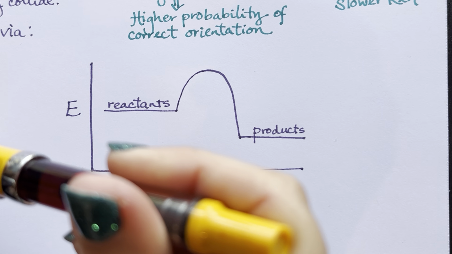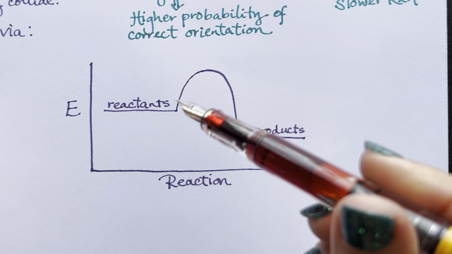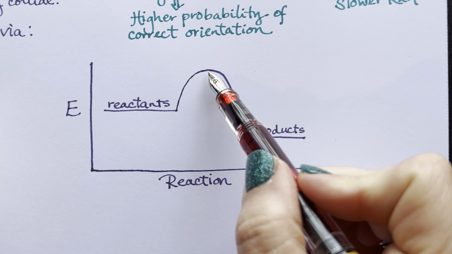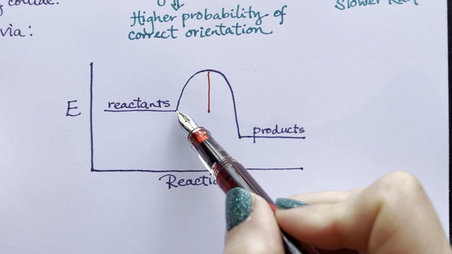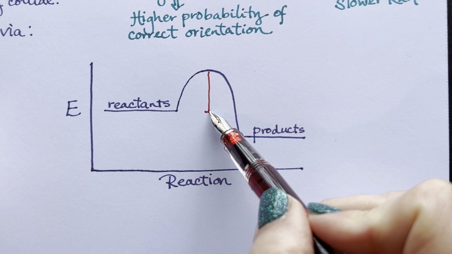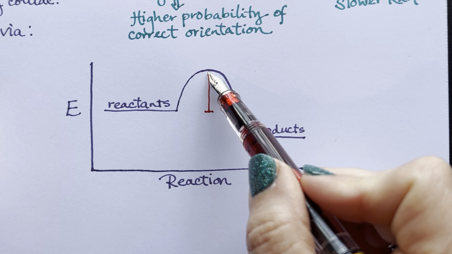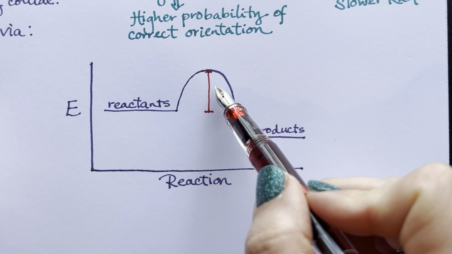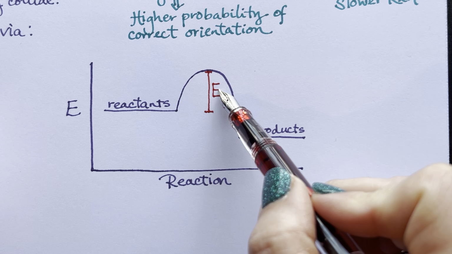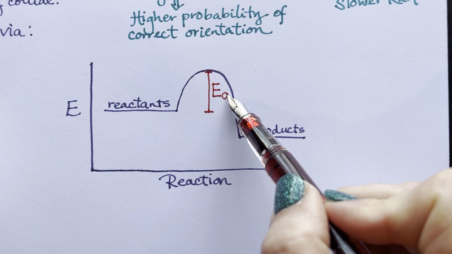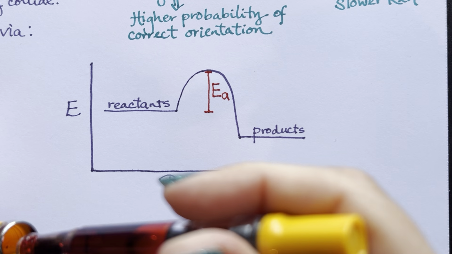I'm going to just use it for this one thing. So the activation energy is from the beginning of where the reactants are, that energy, and it goes to the top of this barrier. That is activation energy.